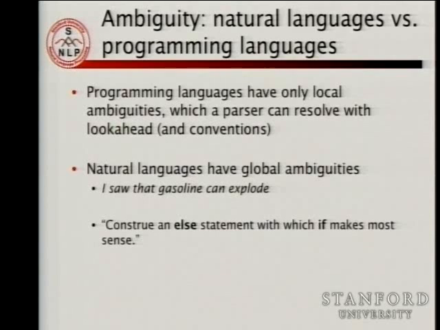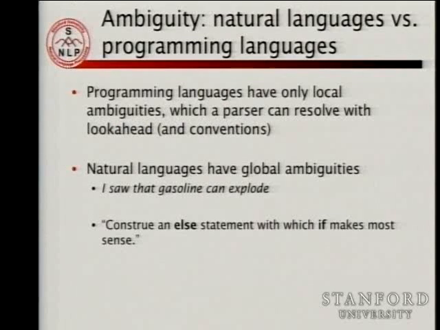And the important thing to notice here for what we're going to do is that a sentence like this is just globally ambiguous in terms of syntactic structure. It's not like what we have in programming languages. Programming languages will have local ambiguity, where sometimes you need to look at the next token to be able to decide how to parse something up.